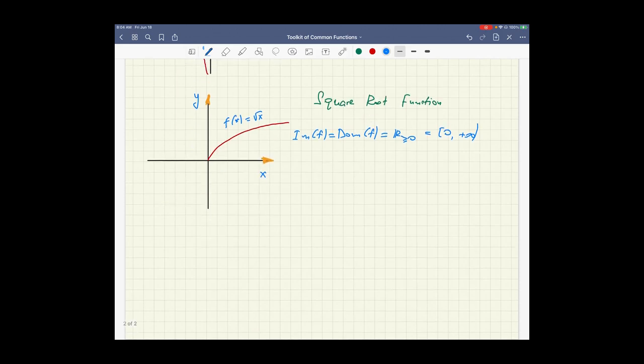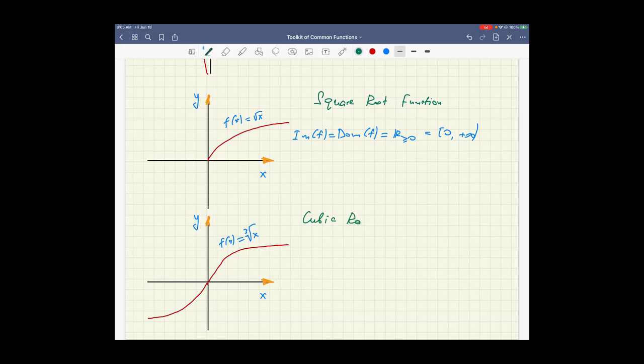Next is the cubic root function, cubic root of x. This time again, the domain and the image is simply the entire set of real numbers.